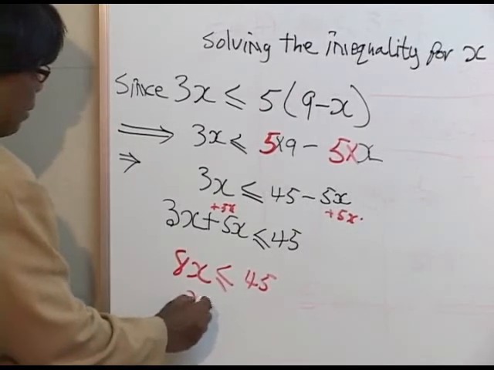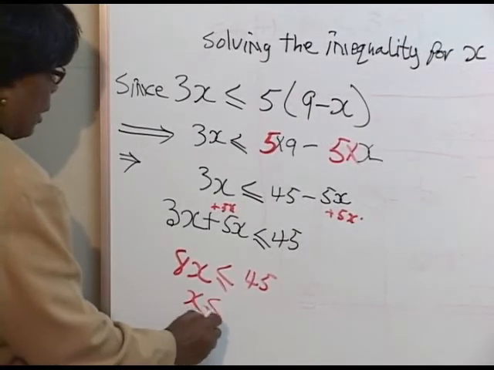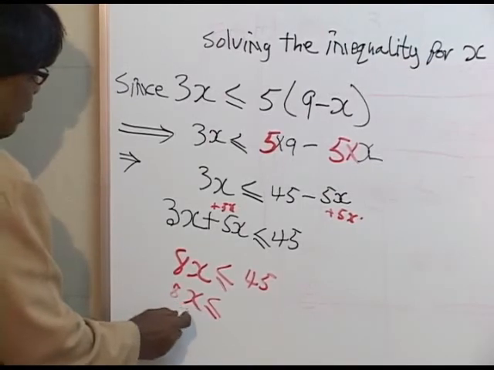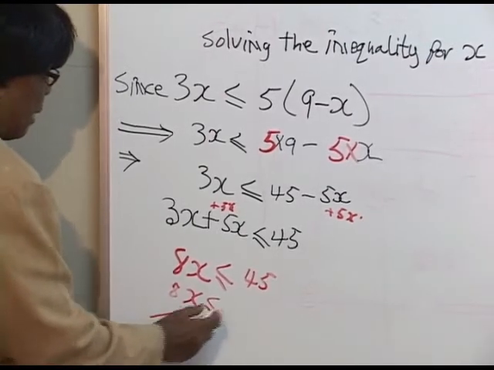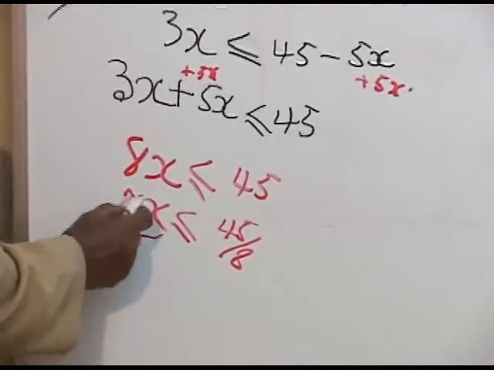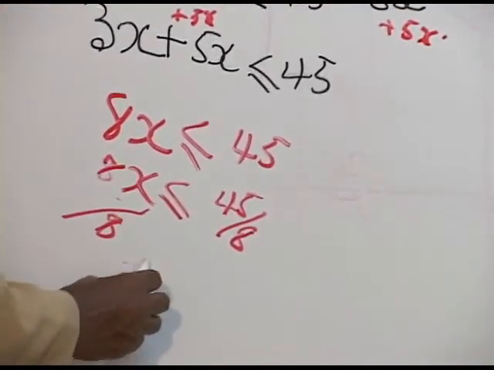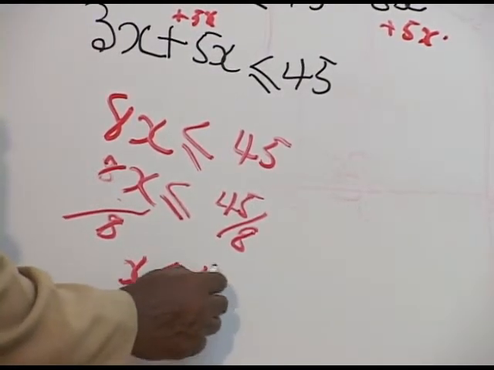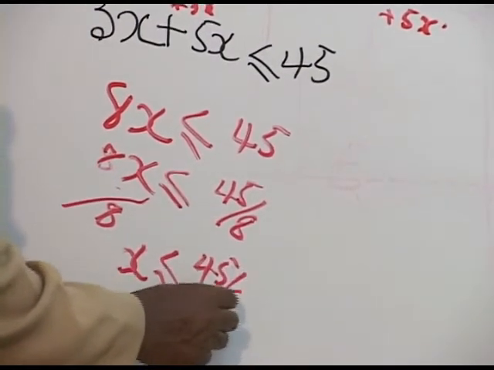And x then would be less than or equal to, we have 8, but we don't want 8. So we're going to be dividing both sides by 8, 45 over 8. The 8's would cancel here, and we have x is less than or equal to 45 upon 8.